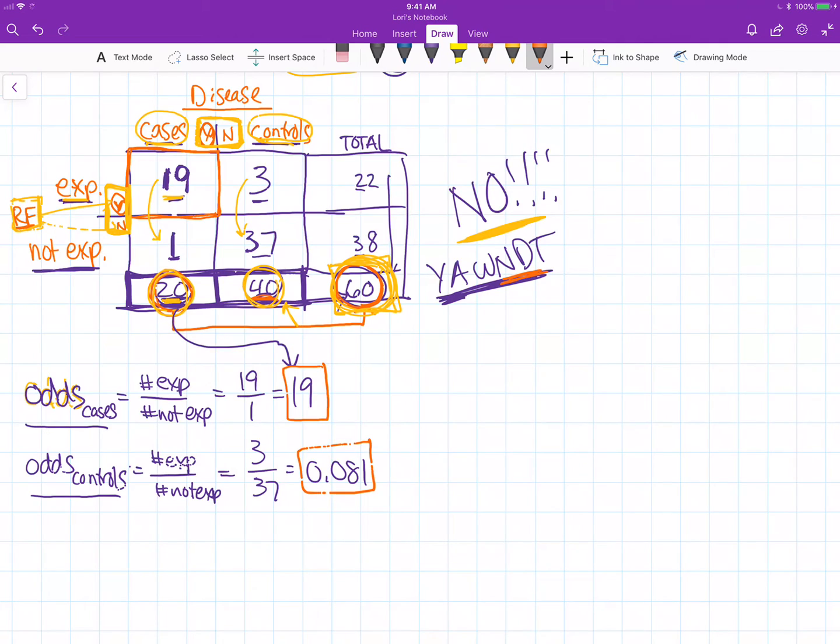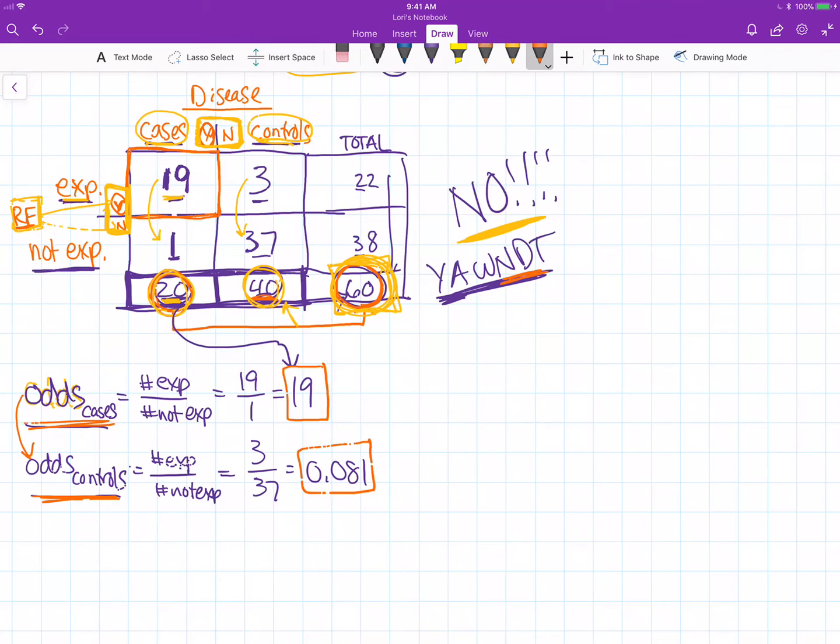And what we want to do, when we calculate something called an odds ratio, is we want to compare those. We want to compare them specifically to each other. Because if the odds for the cases was the same as the odds for the controls, then we would say, probably nothing going on.